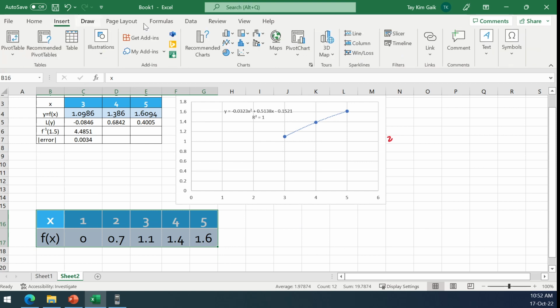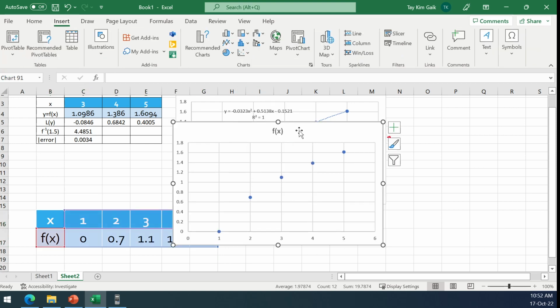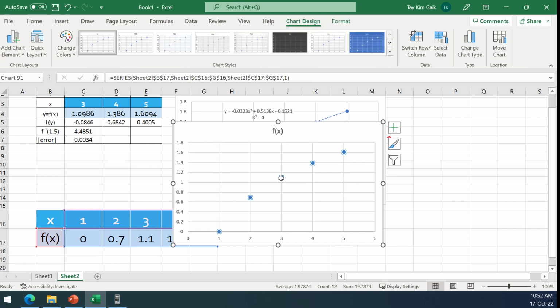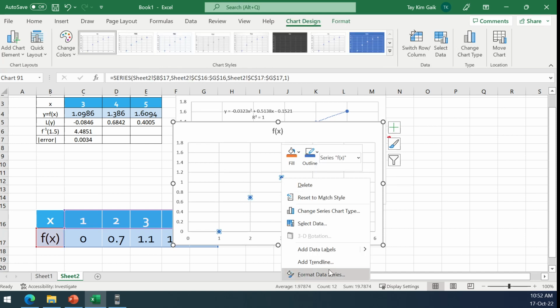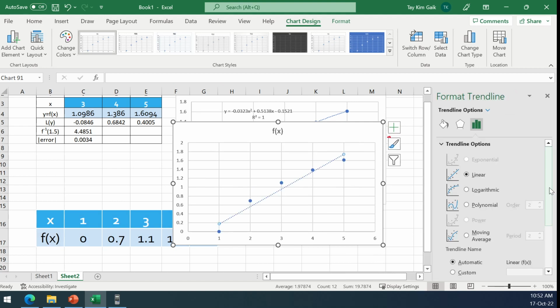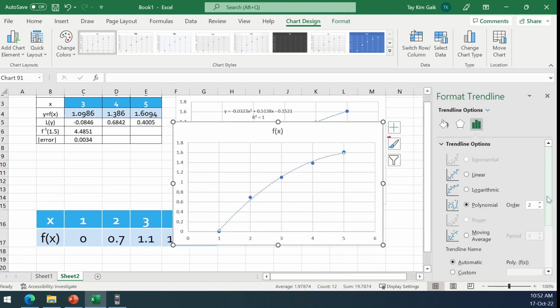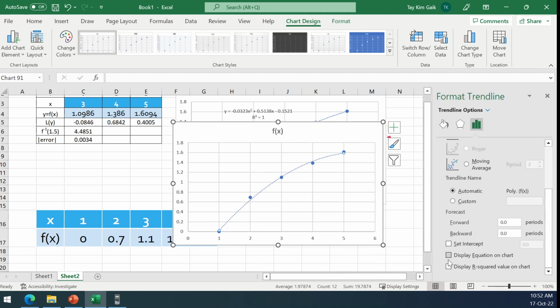Okay, so insert scatter. So you see now 5 points. Let's select the points, right click, add trend line. Choose polynomial degree 2, display equation, display R squared.